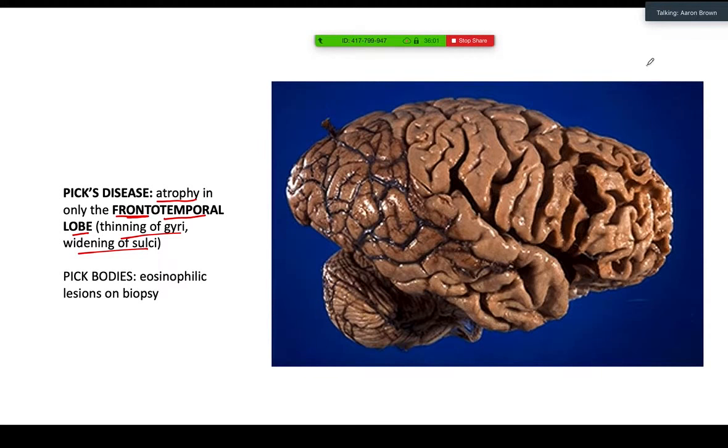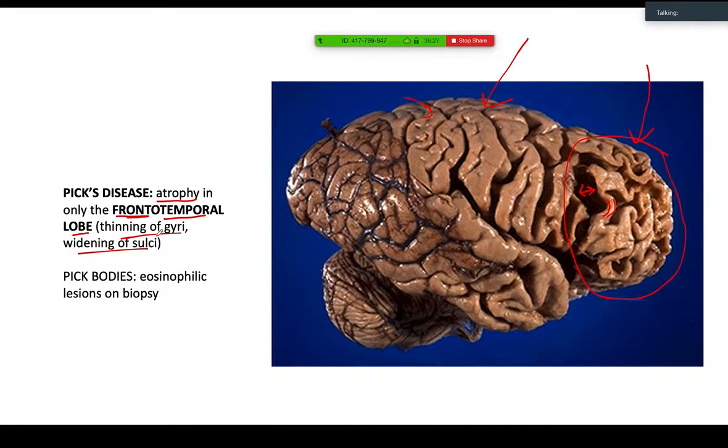When we look at this brain, comparing the frontal lobe to the parietal lobe, you can agree there is definitely some pathology in the frontal lobe where the sulci look widened and the gyri look thinner. However, if we move to the parietal lobe, it looks like normal, regular brain tissue.